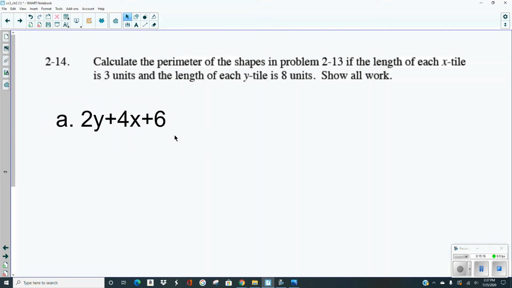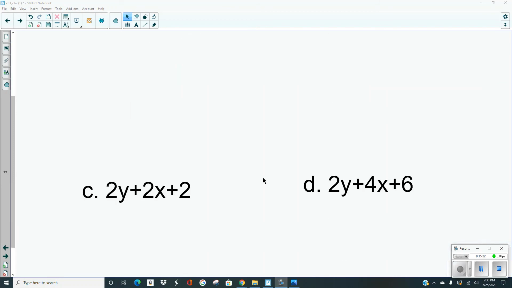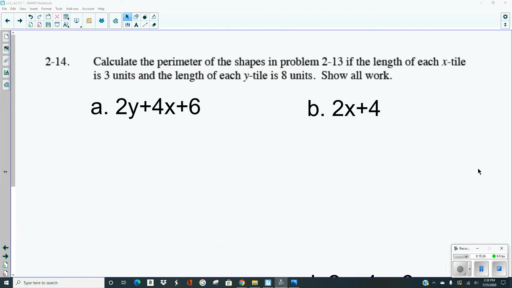Doesn't matter the order. So I finished reading it and writing down the rest, B, C, and D. Okay, so now that I have these 4 expressions written, you should have read that in this problem you're being asked to evaluate. If the x tile is 3 and the y tile is 8, what is the perimeter?